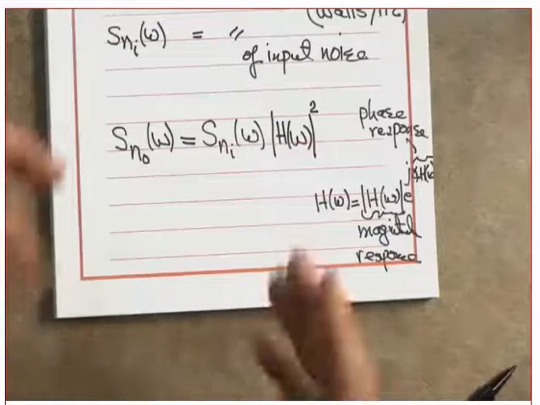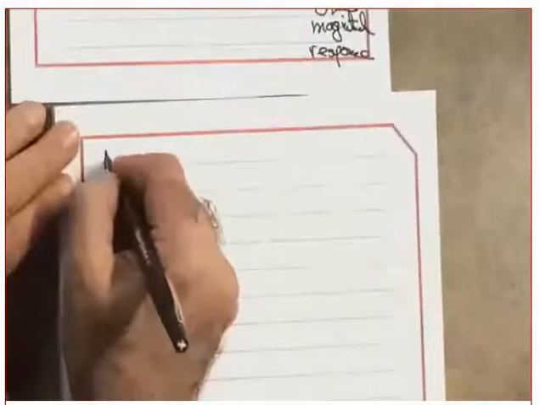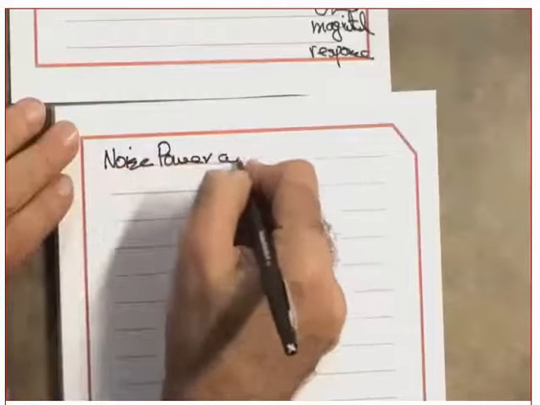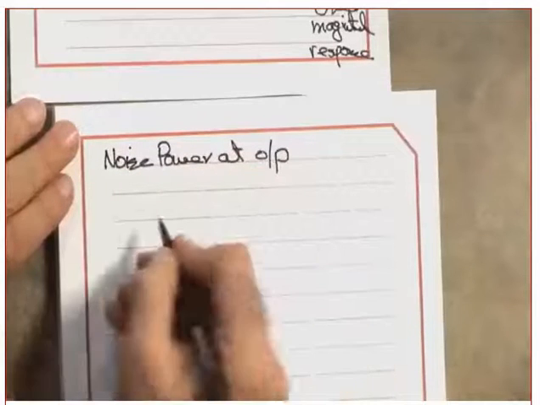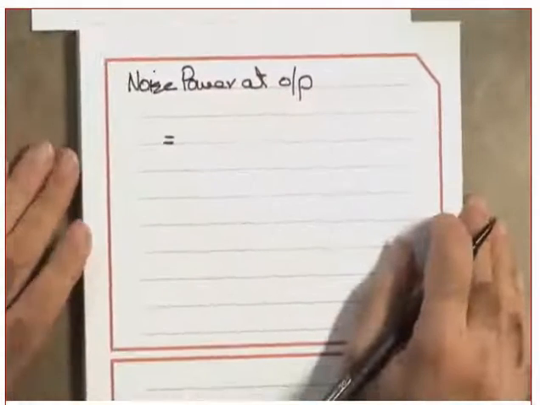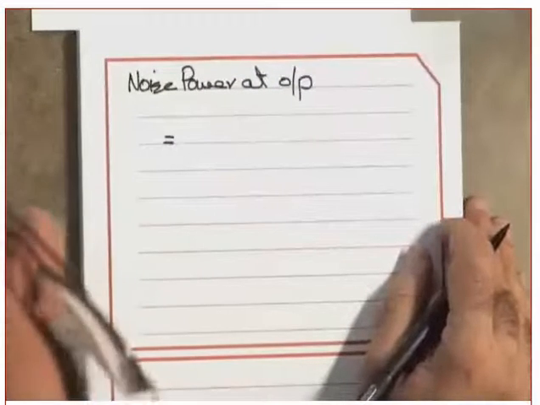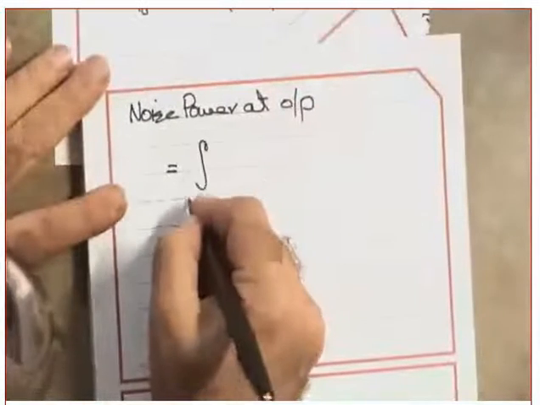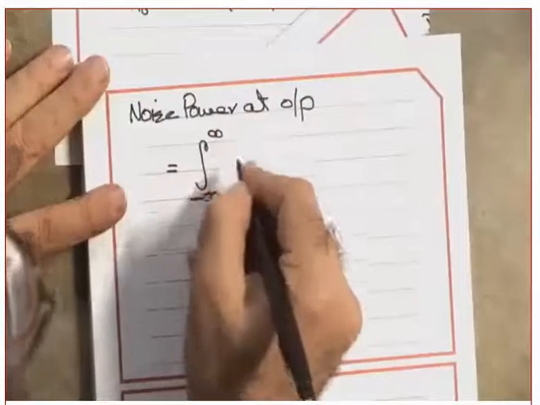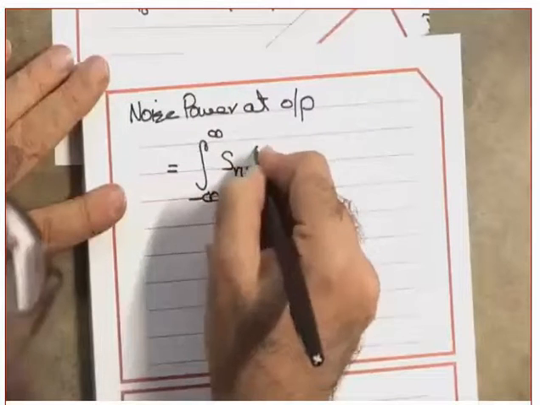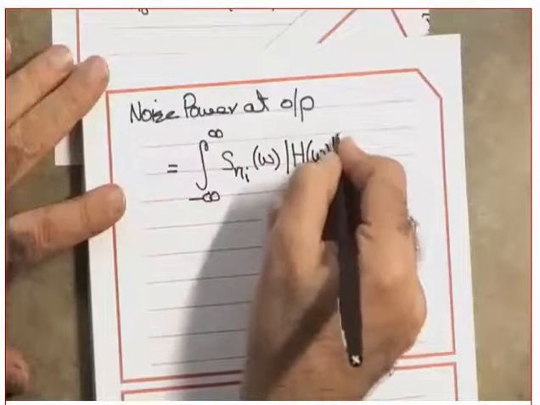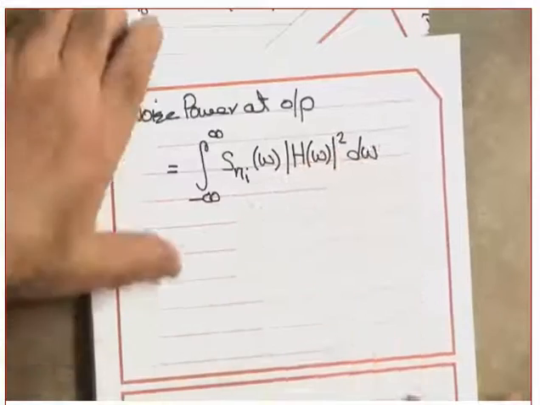Clear? Okay. What is the noise power at the output? The noise power, not the power spectral density. The noise power is the integral from minus infinity to infinity of S n0 of omega d omega.